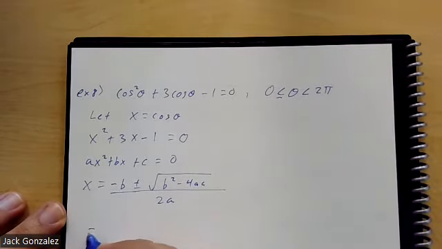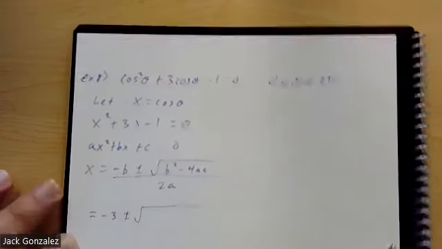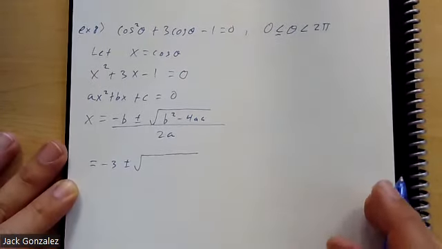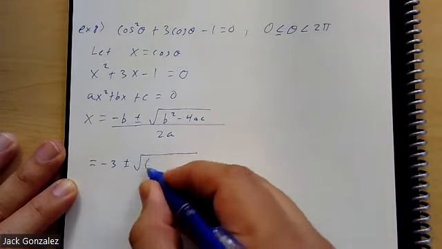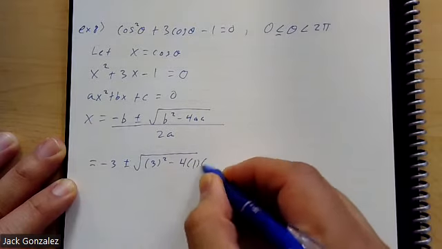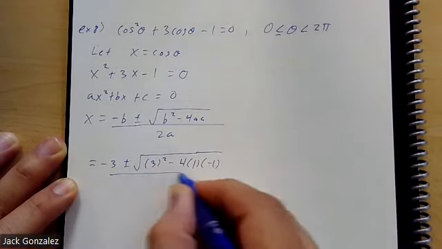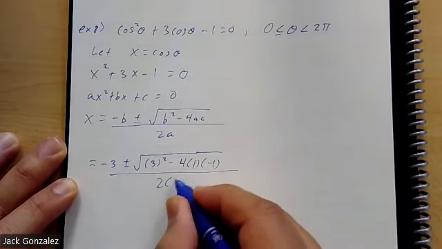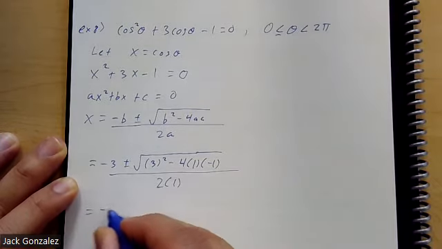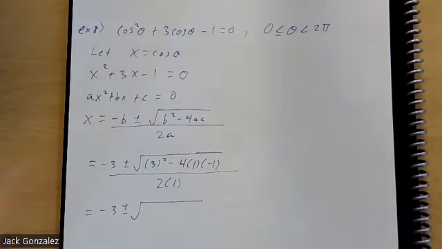So in our case, we have -3 plus or minus the square root of 3 squared minus 4 times 1 times negative 1, everything divided by 2 times 1. So it's not going to be pretty, I guess.